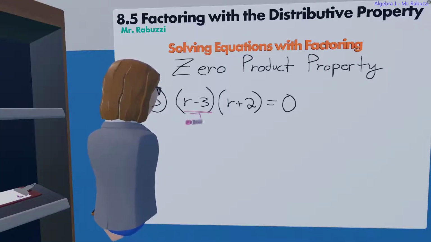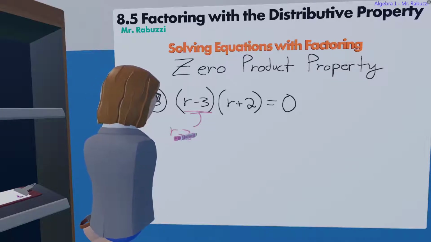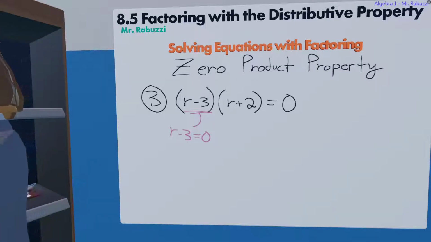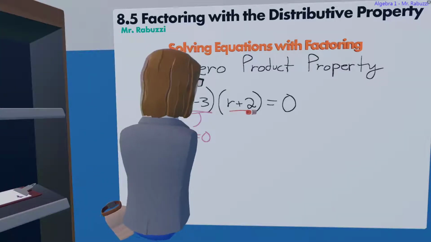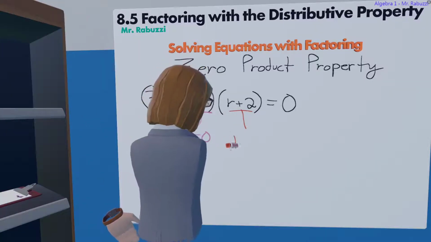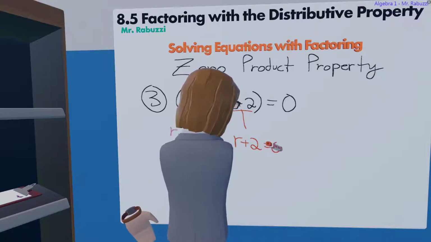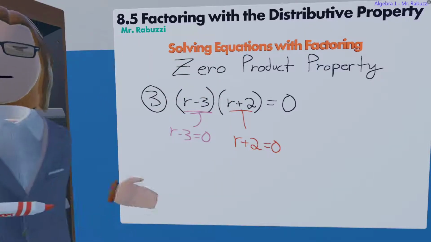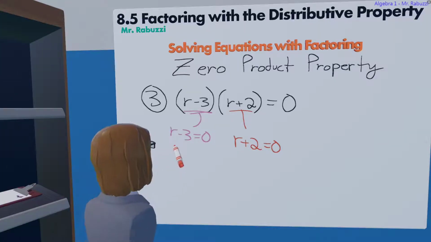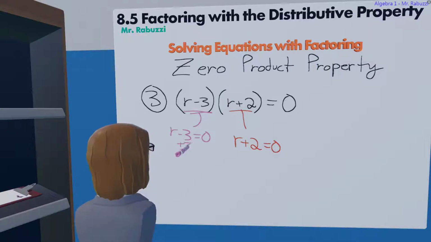Our first factor, r minus 3, well, that could be 0. And our second factor, r plus 2, that could be 0. And now we have two little equations that we can solve. So on the first one, add 3 on both sides.